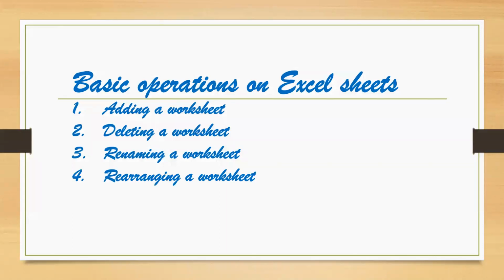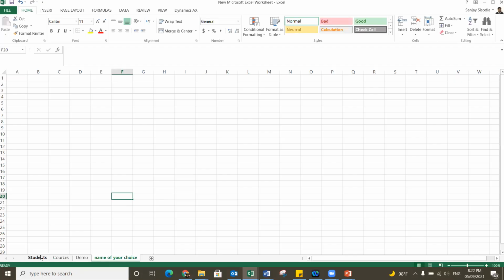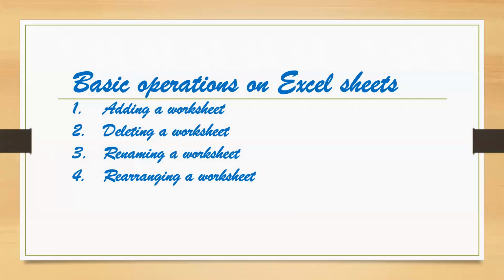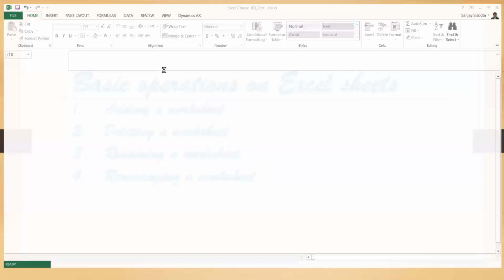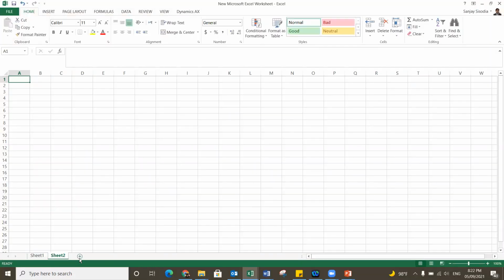Then rearranging the worksheets. So now let's close this. We don't want to save this, and again we will open this. Here we are adding the worksheets. So we have added these 5 worksheets, and they are in ascending order. We want to arrange them in descending order. I will select this worksheet, press the left mouse button, and drag and drop.